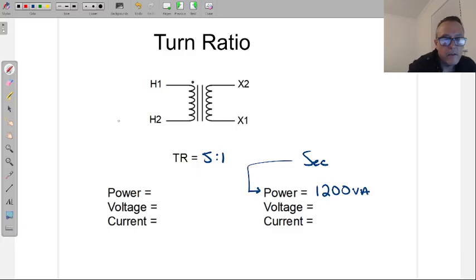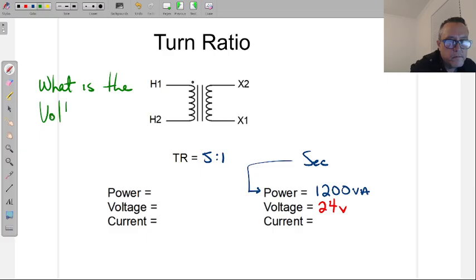And you have, for example, let's say 24 volts on the secondary side. So the question could ask you something like this. What is the voltage on the primary?